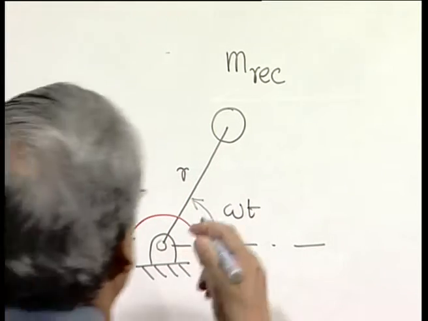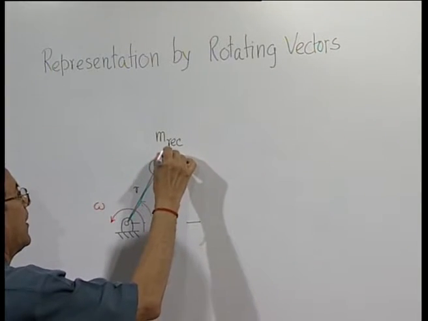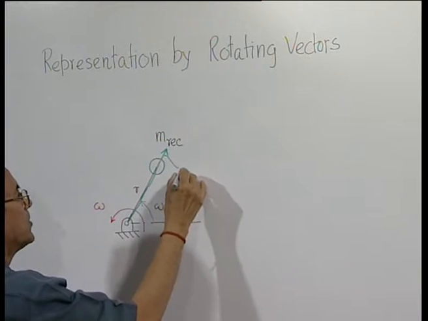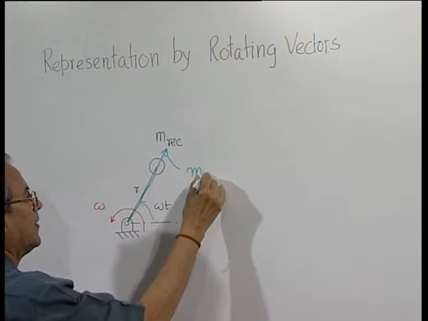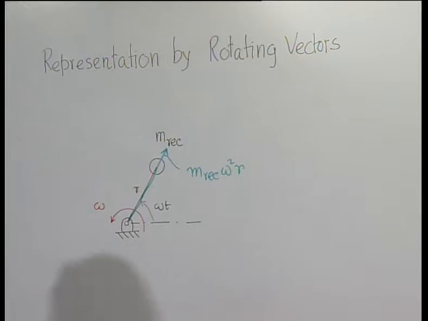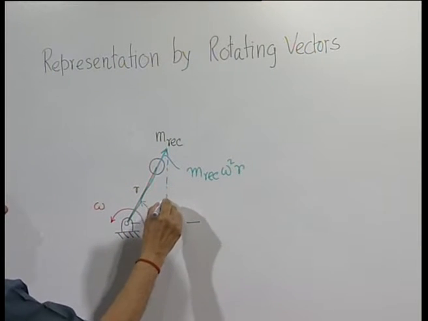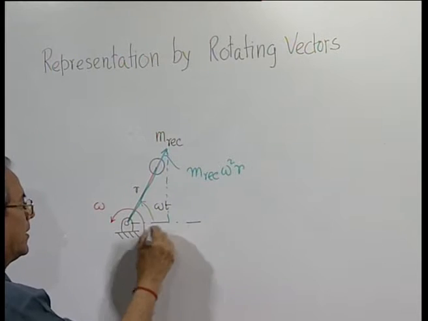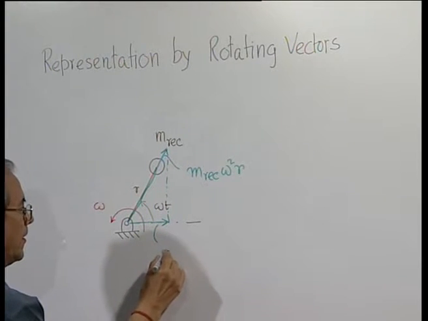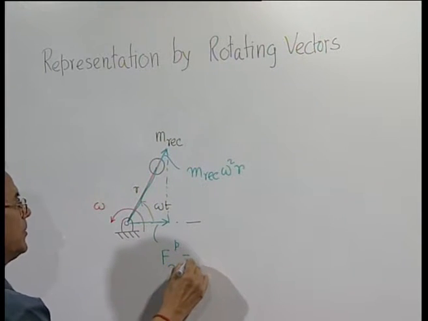So, then this rotating mass will produce an inertia force which is equal to, and its component along the x direction, if we call it primary, will be equal to.